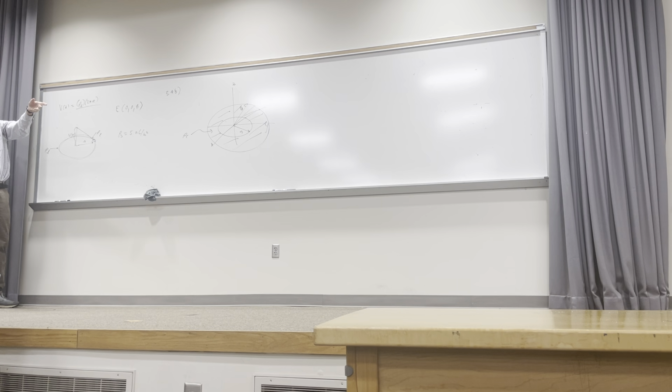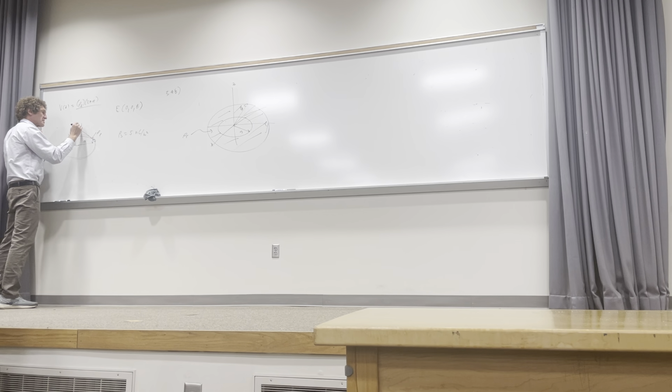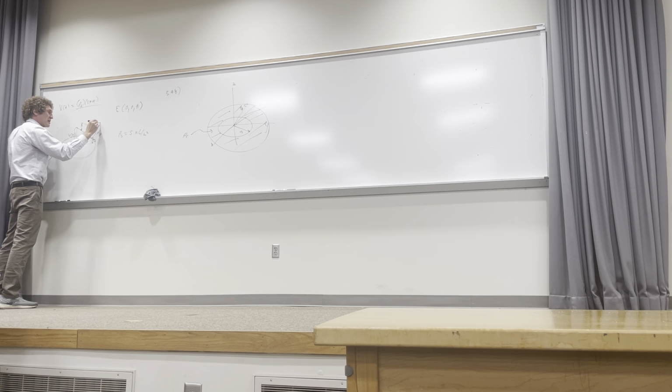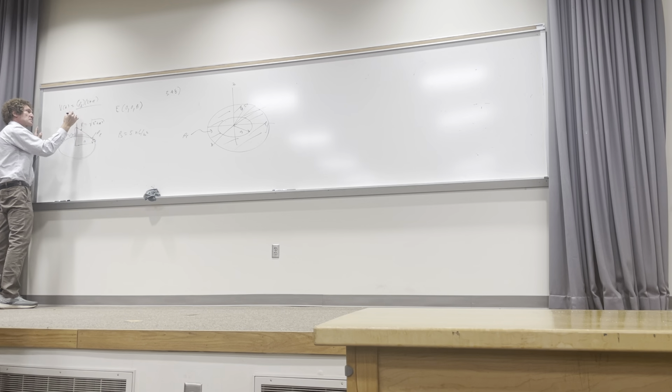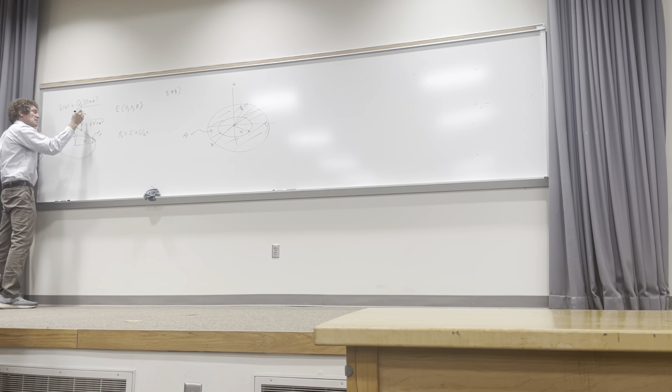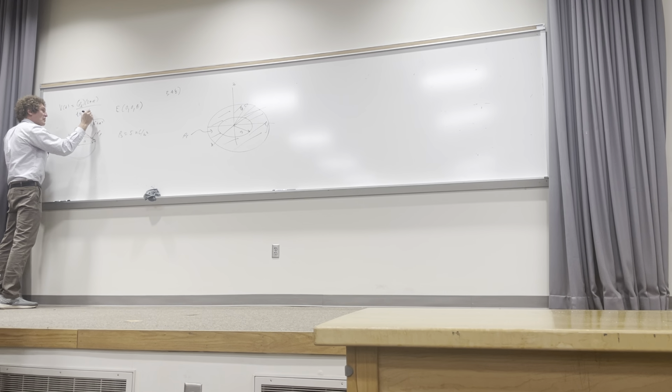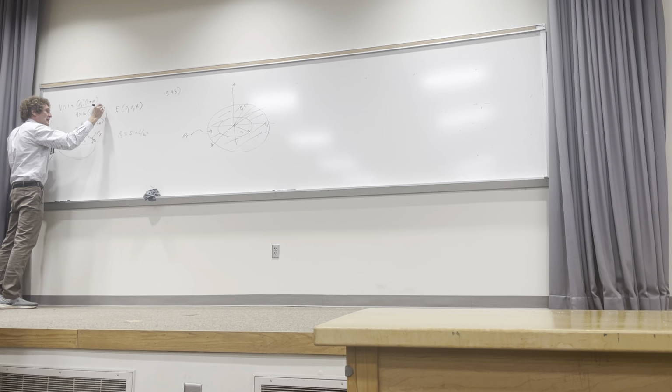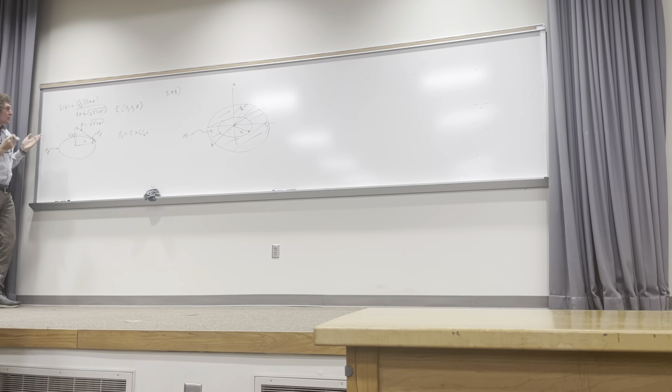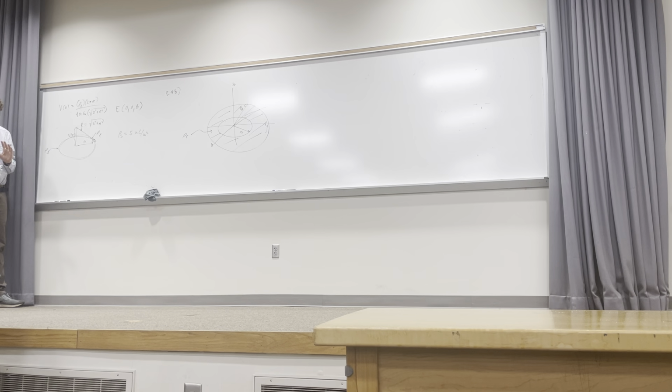Just Q over 4 pi epsilon R, correct class? And R would be this distance right here. R would be the square root of Z squared plus A squared. So this means this is 4 pi epsilon naught times the square root of Z squared plus A squared. Now that's what it would be if I had just a single ring, right?